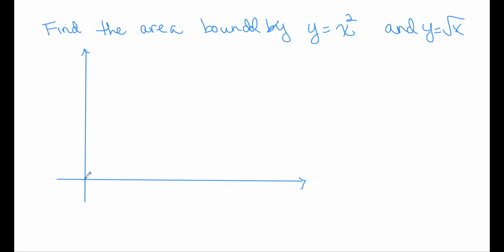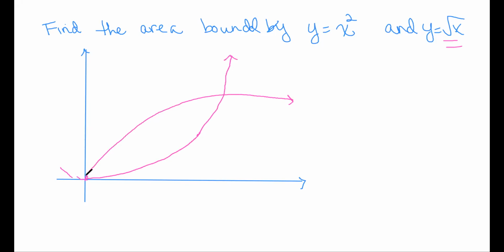I know that if I have y equals x squared, let's use a different color, it's going to look something like this. And then if I had the other graph, y equals square root of x, that would look something like that.